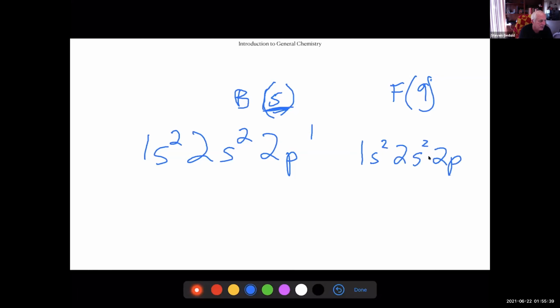Boron, carbon, nitrogen, oxygen, fluorine: 1, 2, 3, 4, 5 electrons. So fluorine's electron configuration is 1s2, 2s2, 2p5. Is that making sense? We're just filling it right across the periodic table.